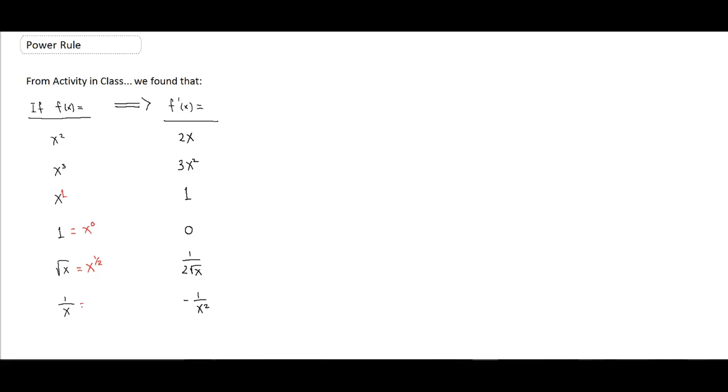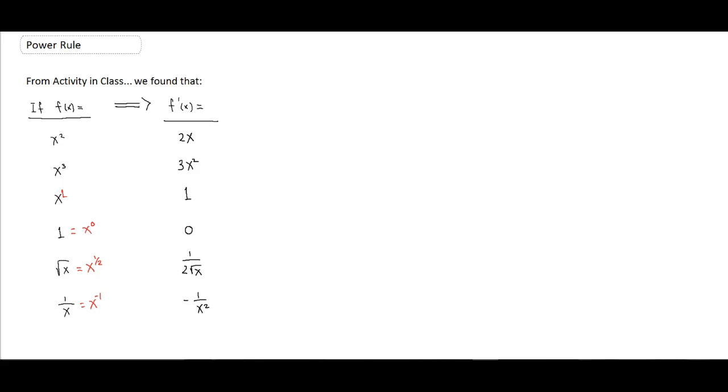And x being in the denominator, I can always write that as x to the negative 1 and so forth. So what I would like to do is to try to come up with the rule of differentiating functions that are of the form x to any power, whether it's going to be some whole number, positive, negative, or even a fraction or any real number.